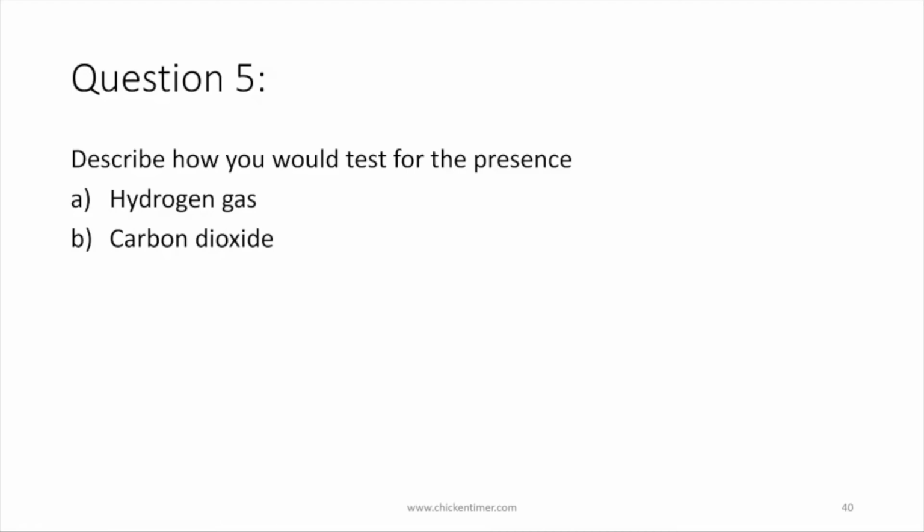Okay, carbon dioxide. What you do is you get something called lime water. So lime water is a colorless solution. So let's say you have the reactant. Okay, then you have carbon dioxide. So what you do is you would pass it into lime water here.